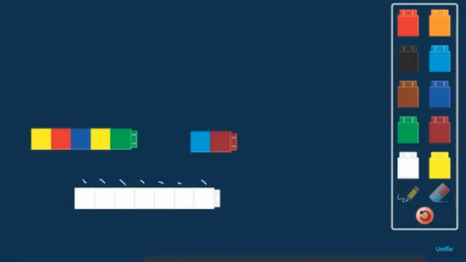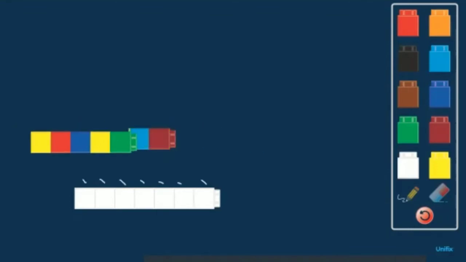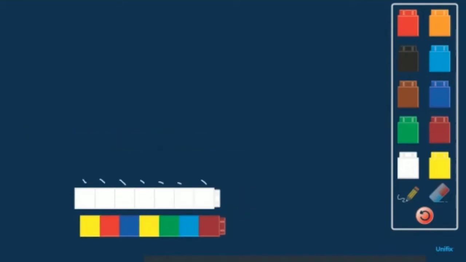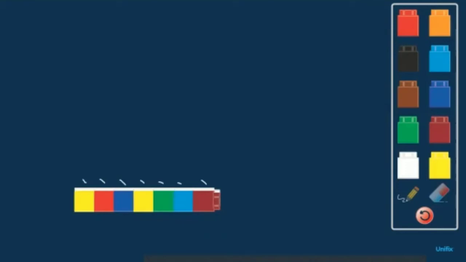So let us see if 5 plus 2, which is part plus part, will give us that whole. So we're going to put them together. Let us now see if they are the same size. Right, they are. So part plus part is equal to 1 whole.